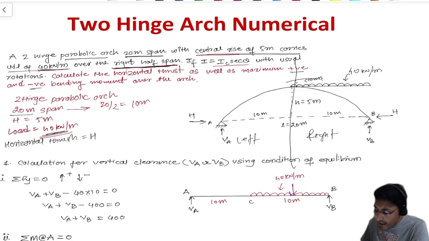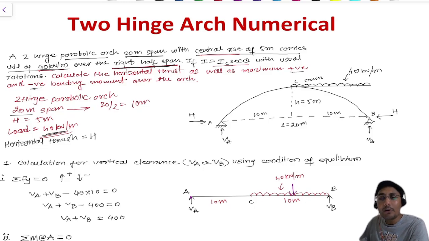So on the right side we need to provide the uniformly distributed load. On this right side, I have assigned 40 kilonewton per meter of uniformly distributed load. They also mention the central rise of 5 meters, so this height h is 5 meters.